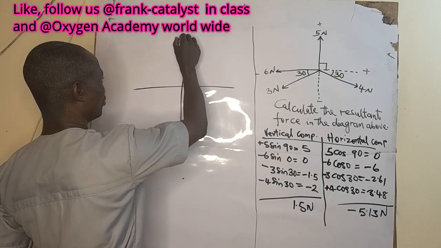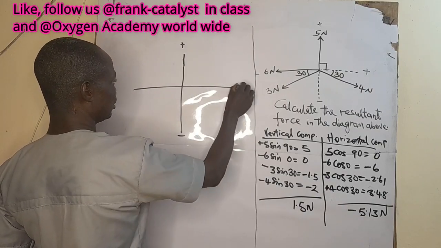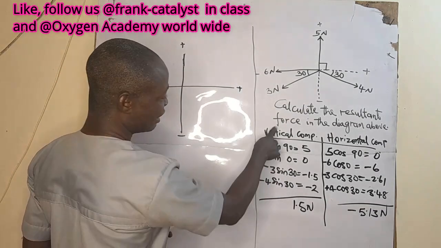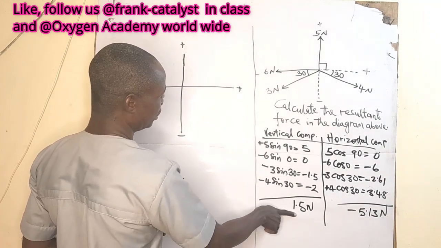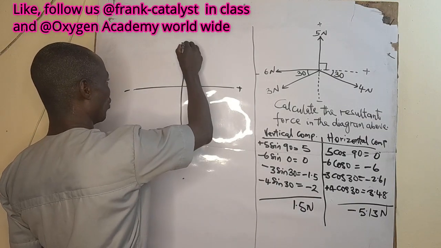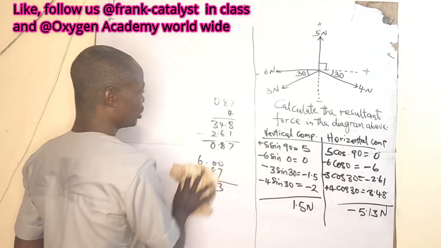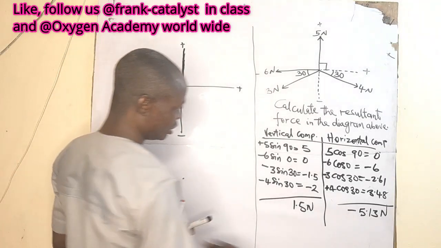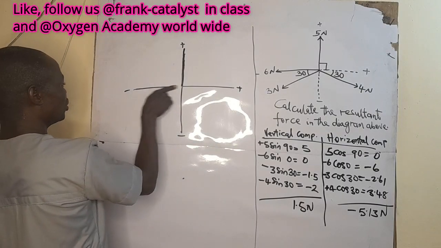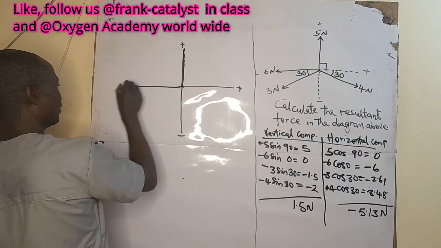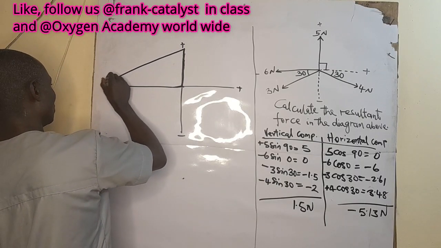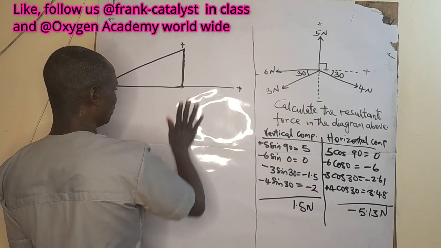This is the positive vertical component, and the horizontal component here is negative. So it is here and here, and my triangle is going to be this way.